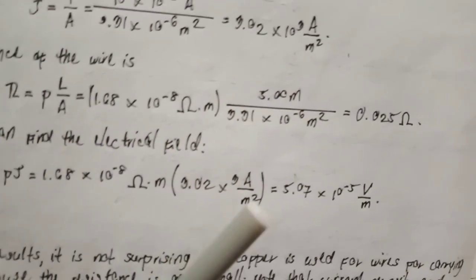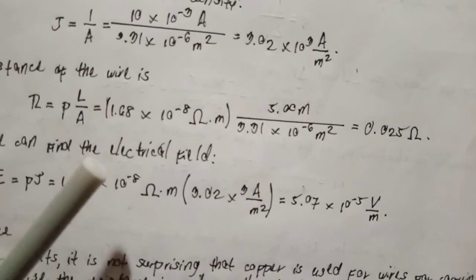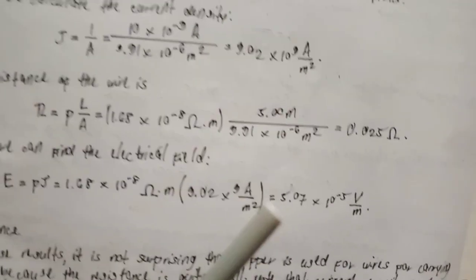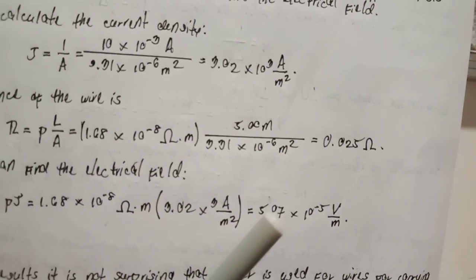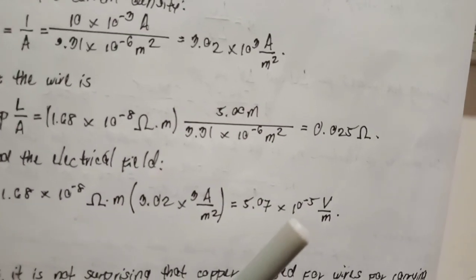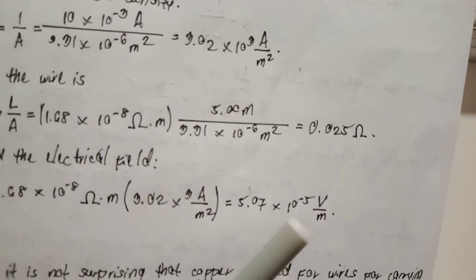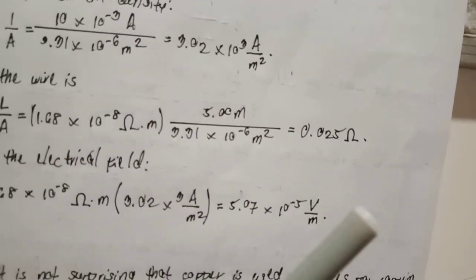So we're going to substitute. So this is the final answer, 5.7 times 10 raised to the power of negative 5 volts over meter.